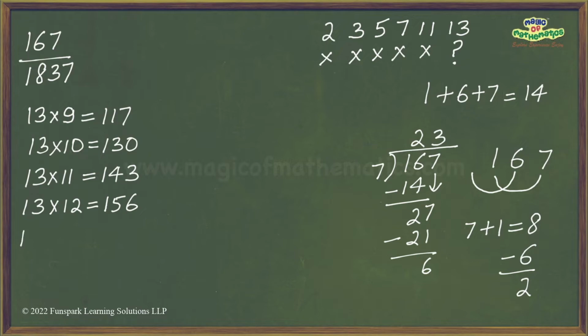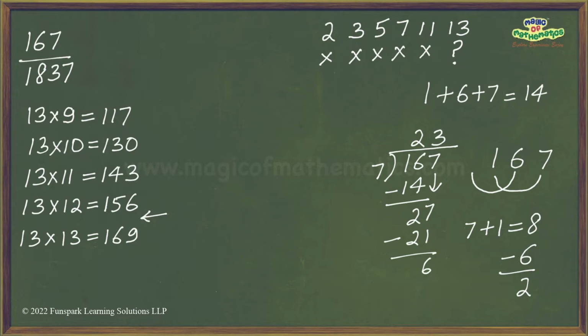And 13 times 13 equals 169. I'll stop here. We don't see 167 here, and so we can be sure that 167 is not divisible by 13. But that is not the reason I wrote down this table.